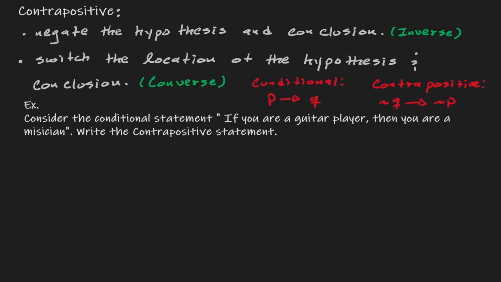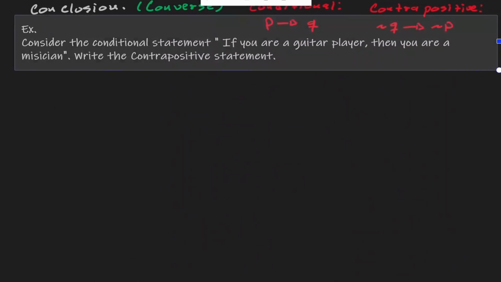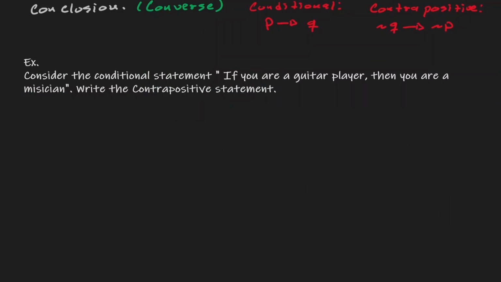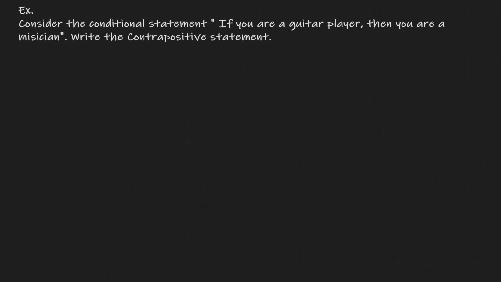And again, the order doesn't matter. If you want to switch and then negate, that will give you the same as if you just negate and then switch. So let's take a look at the example that we have underneath it.